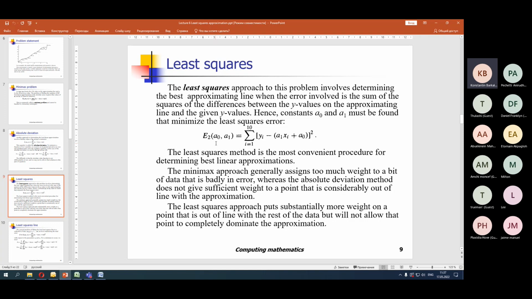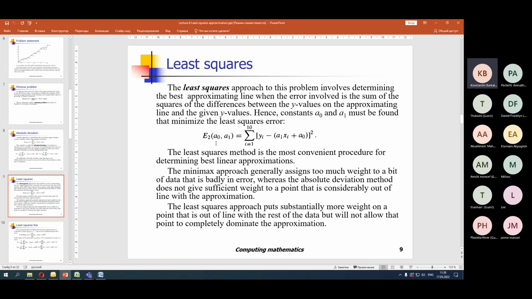Because the minimax approach generally assigns too much weight to a bit of data that is badly in error, whereas the absolute deviation method does not give sufficient weight to a point that is considerably out of line with the approximation.